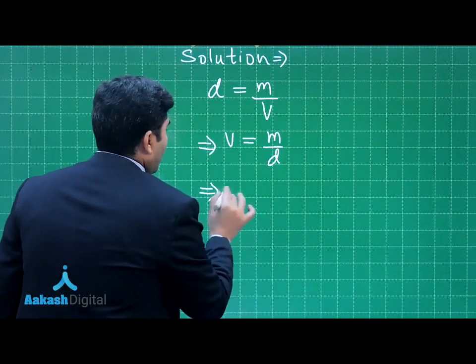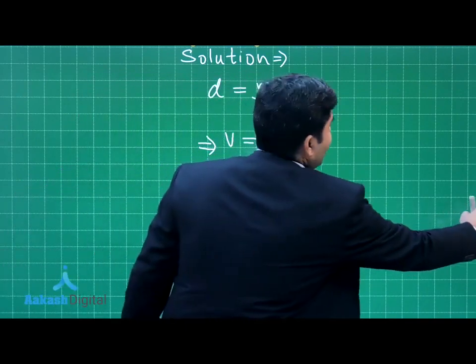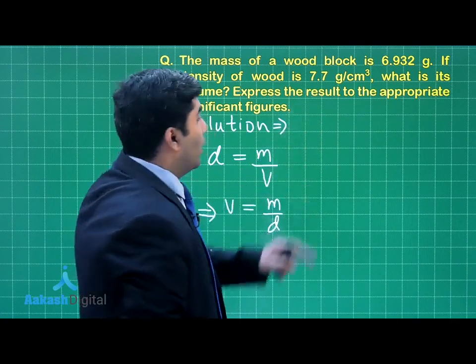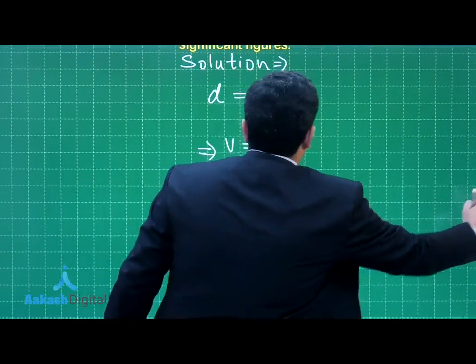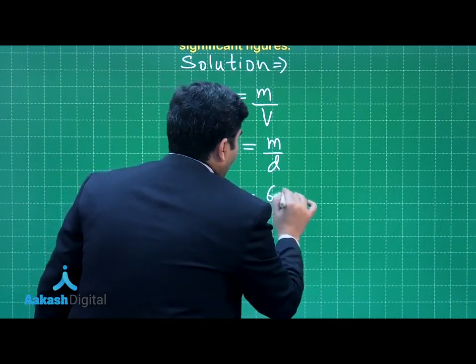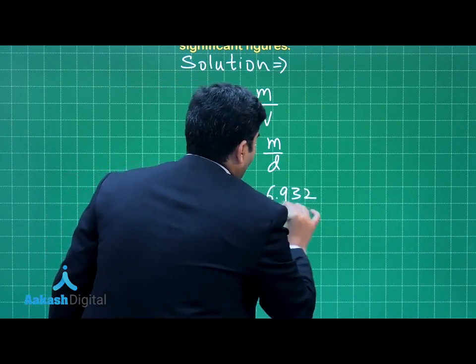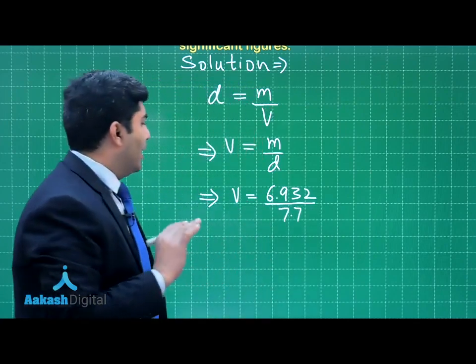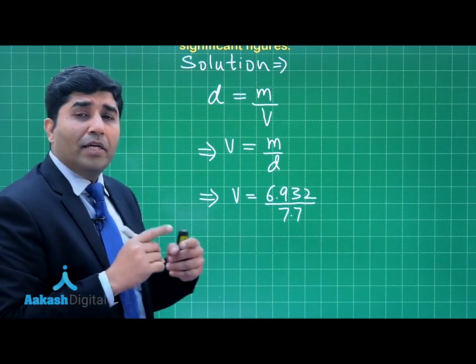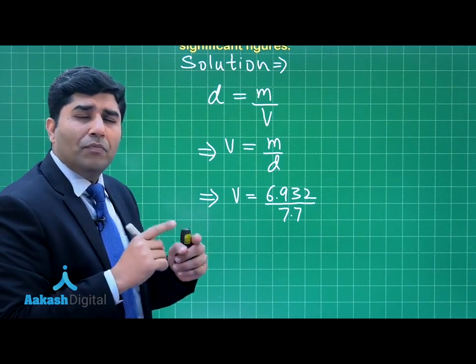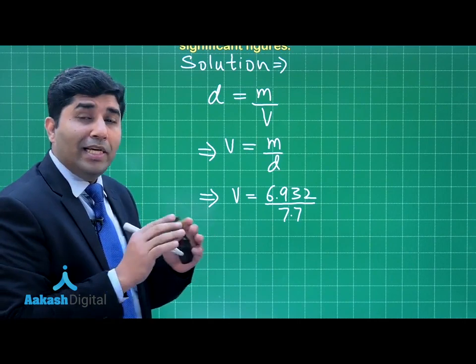Now the mass which is given to us, or you can say weight, is 6.932 gram. So volume will be 6.932 grams divided by 7.7, where 7.7 is the density. Now we are dividing, so our answer will depend on the number with the least number of significant figures in total.